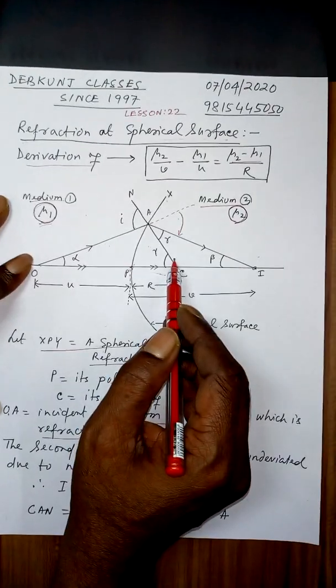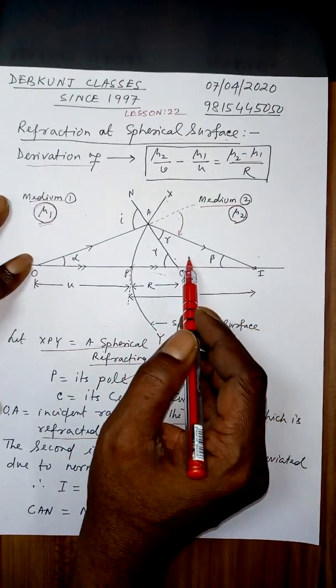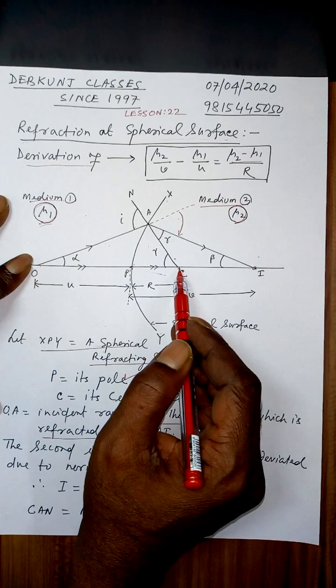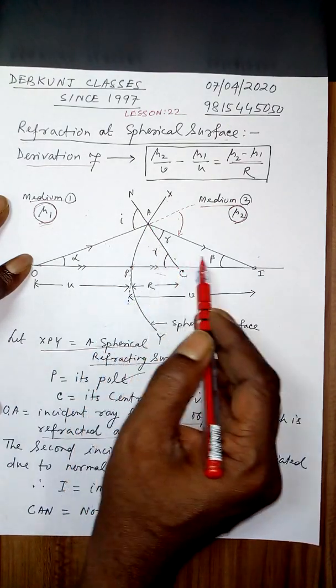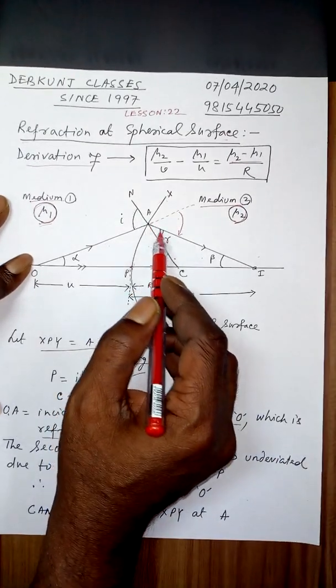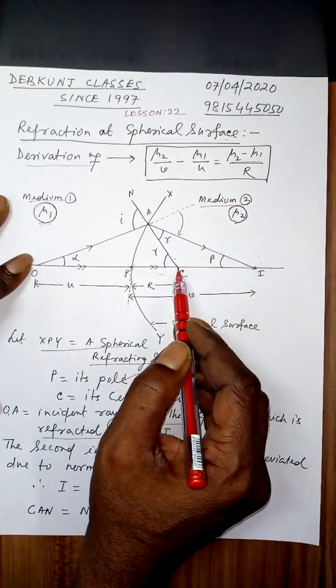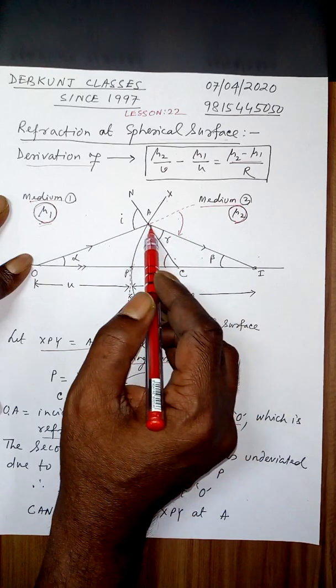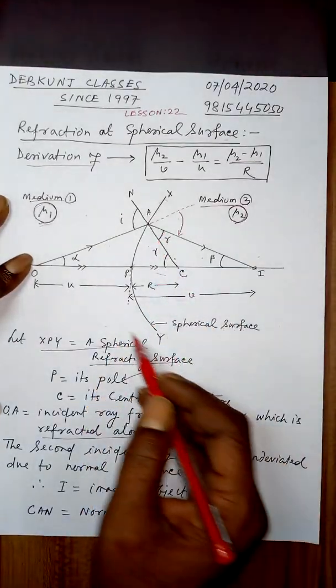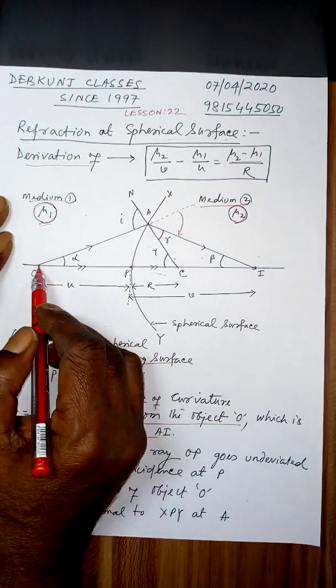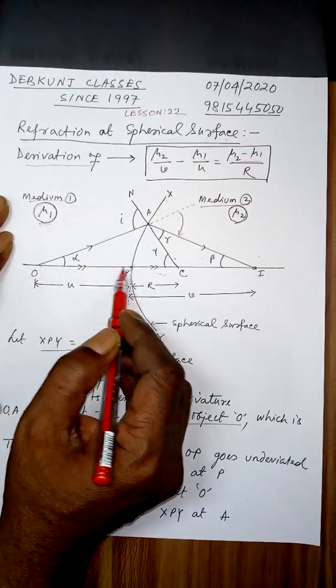So on this side, from C to A is the part of the normal on this side, and this is the refracted ray. So the part of the ray on this side and the refracted ray, the angle between them is R. And I have taken a second ray OP traveling this way.